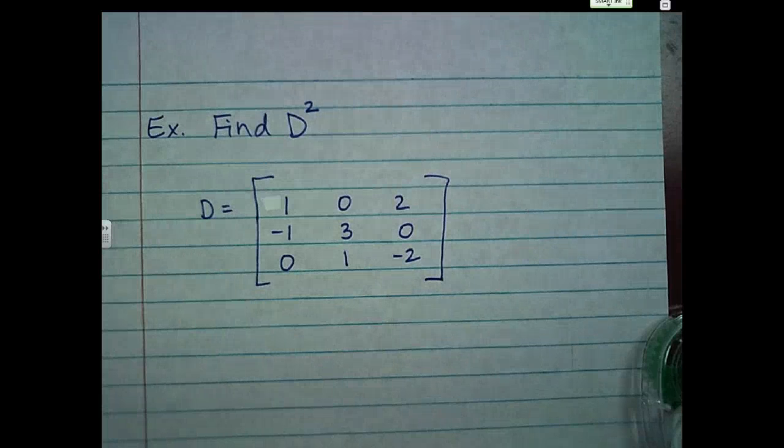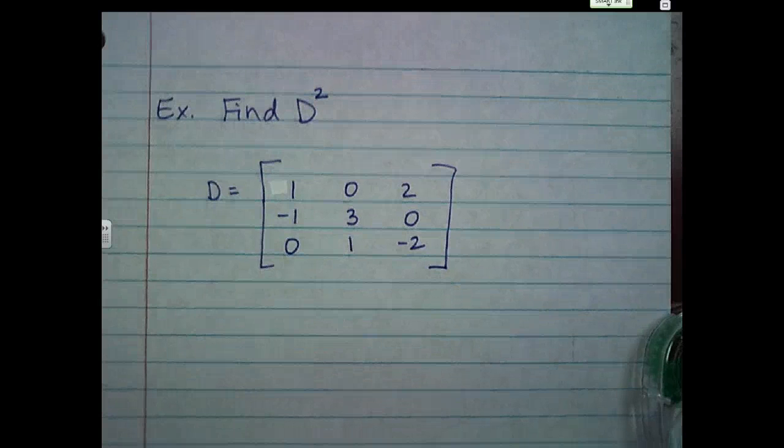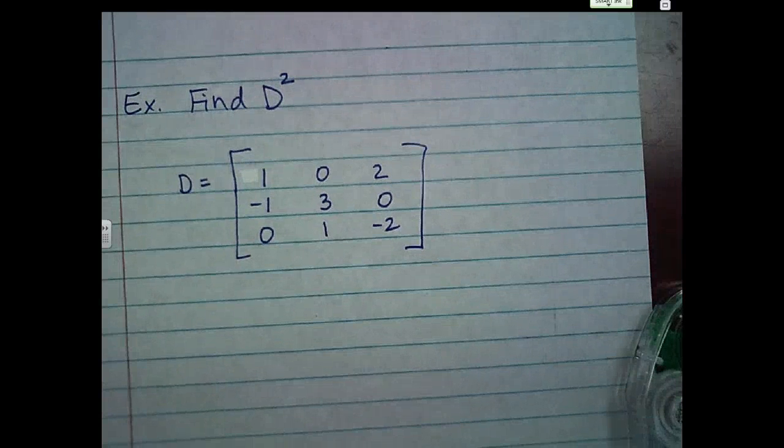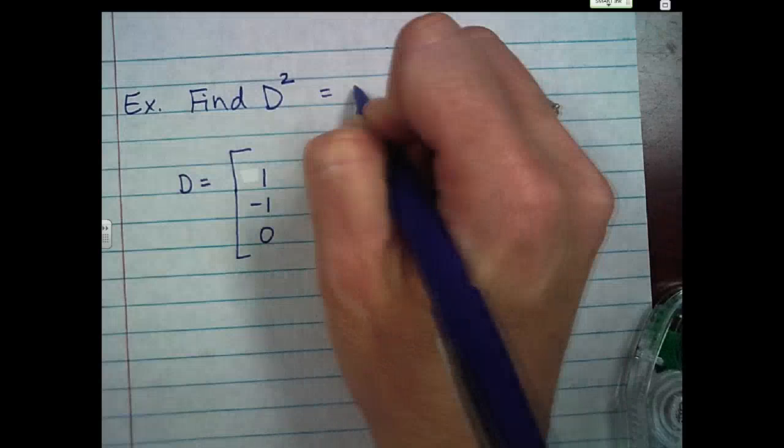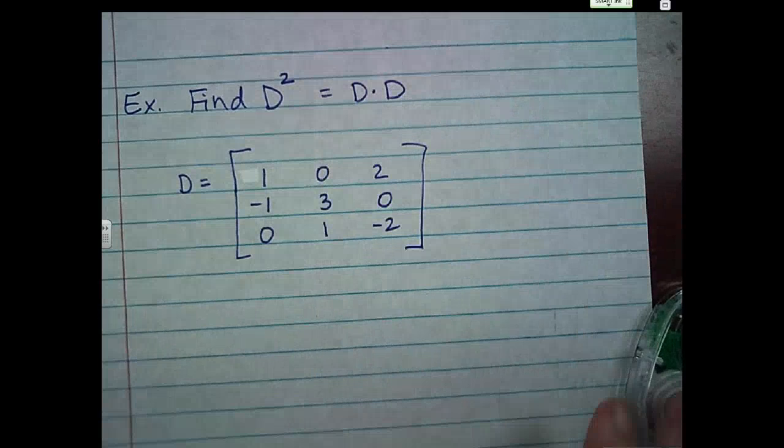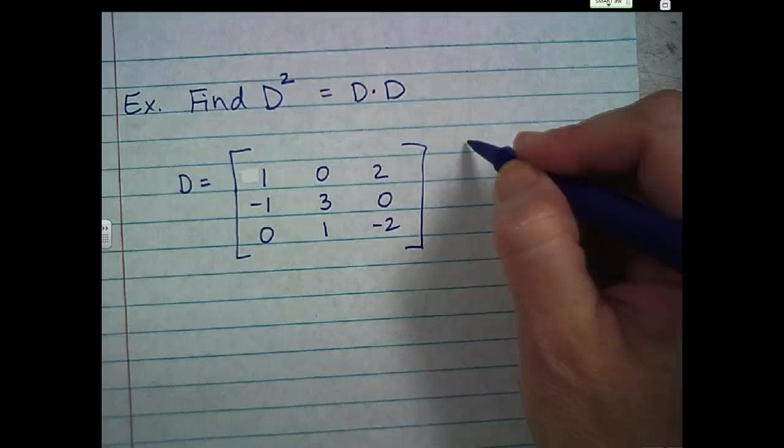That's all they're gonna give you. Find d squared, and they're gonna give you that little piece of information. So what do I need to do? If I'm asking for d squared, what does that mean? D times d, excellent. So we're gonna write it out again.